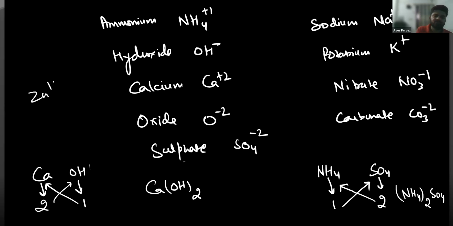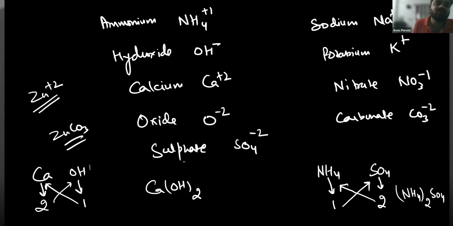Zinc is Zn2+. ZnCO3. Very good. Because both have a valency of 2, they cancel out each other and you can combine them. Okay. Now you understood? Yes, sir. Understood everybody? Yes, sir. Okay, this is how you need to write.